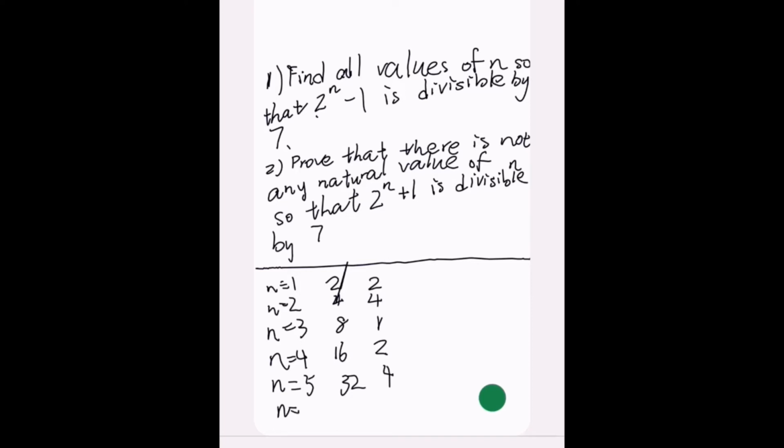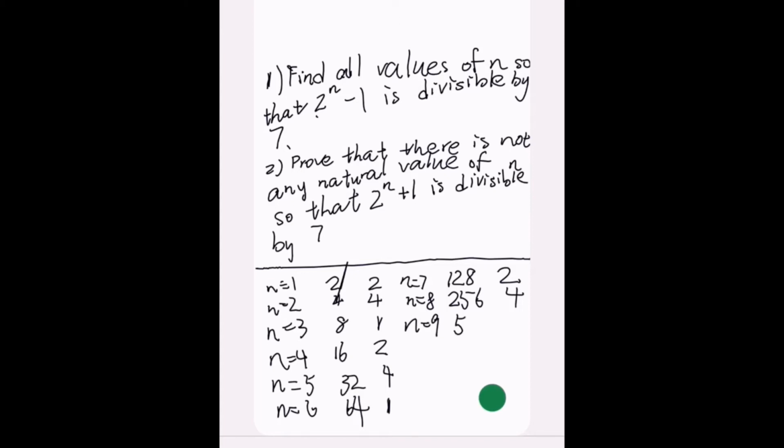Let's assume n is equal to 6 and the answer is 64 and the remainder is 1. Let's assume n is 7. The answer is 128 and the remainder is 2. Let's assume that n is 8. The answer is 256 and the remainder is 4. Let's assume that n is 9.